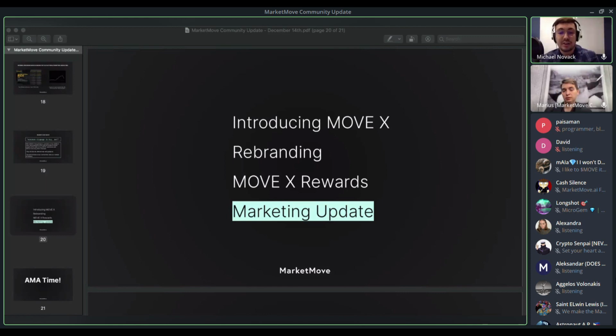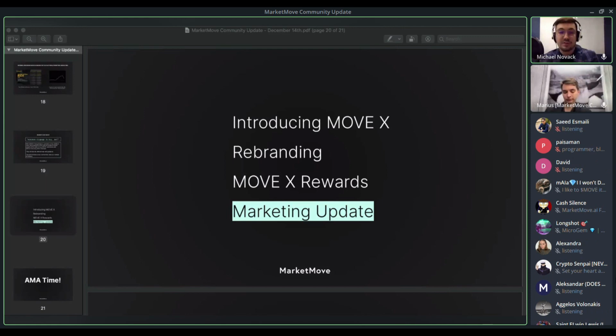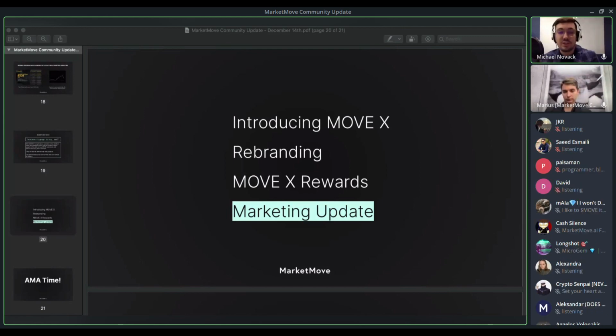For the marketing, to focus on the short term, we have a few big influencers in place, a few cool press releases, and paid advertisements, and they're all waiting for the update of the MarketMove platform. Basically, the rebranding and the vision we mentioned previously.